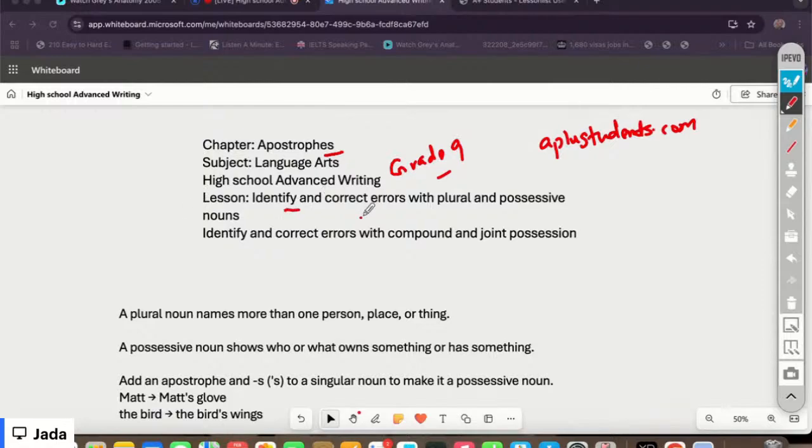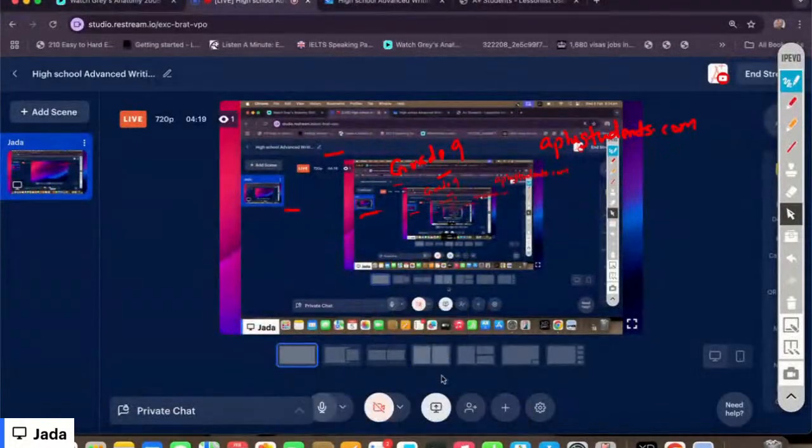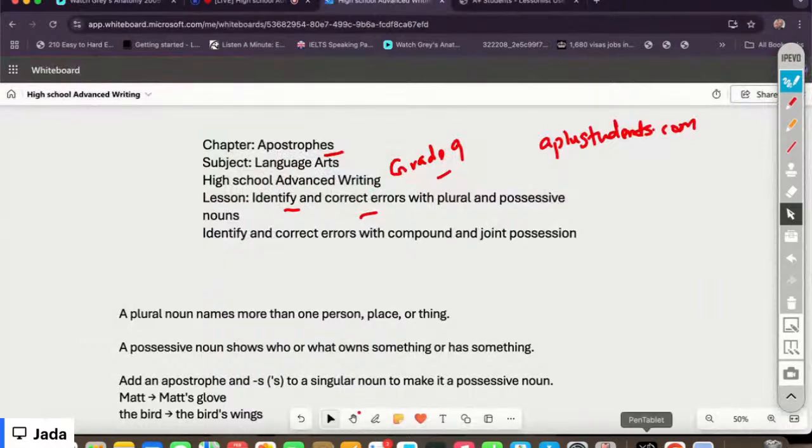So it's identifying and correcting errors with plural and possessive nouns, and identifying and correcting errors with compound and joint possessions. So this is what we will do today.